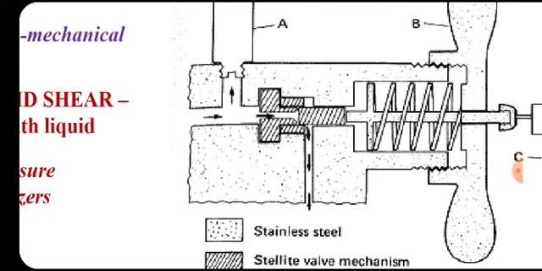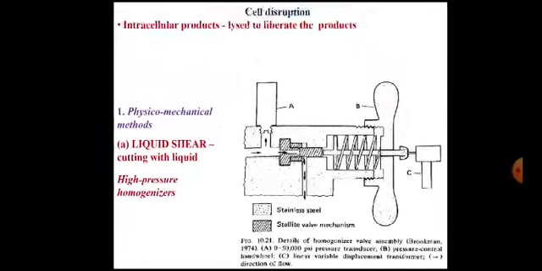That means once the slurry enters this homogenizer, it will enter through a non-return valve, and forcefully it is allowed to bombard on the surface, and this bombardment of microbial cells on the surfaces along with liquid, this force is responsible for the breaking of cells.